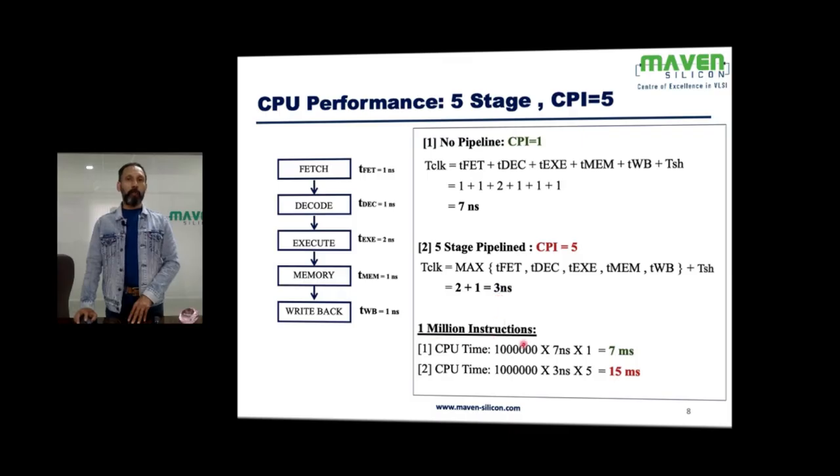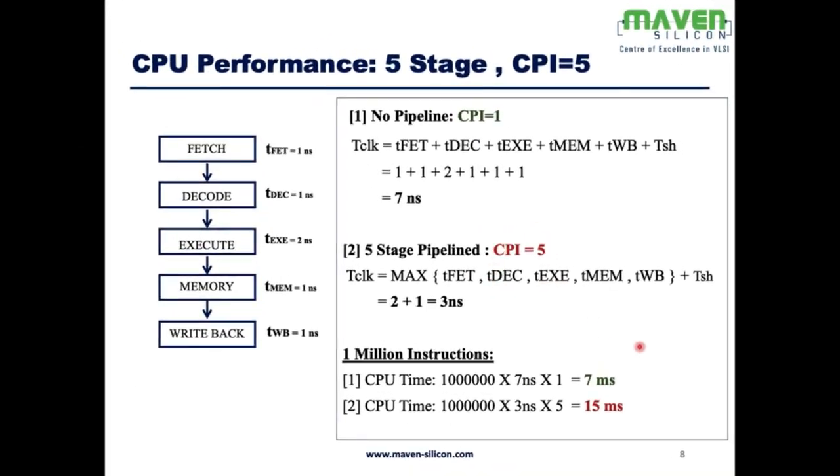And if we consider 1 million instructions, number of instructions multiplied by clock period, in this case 7 nanoseconds, and CPI is 1, so overall 7 milliseconds. But the 5-stage pipeline processor is going to take 15 milliseconds, which is not good. So we need to reduce CPI.